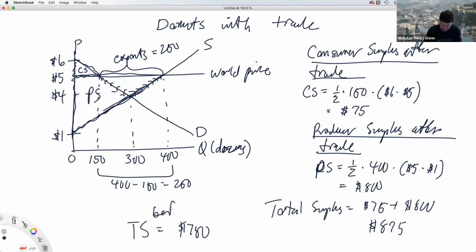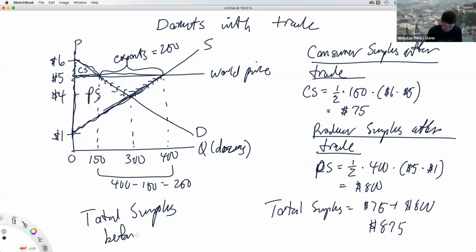Now this is before trade. So you have an increase. Total surplus before trade, we said, was $750. So it's a total increase here of $125.